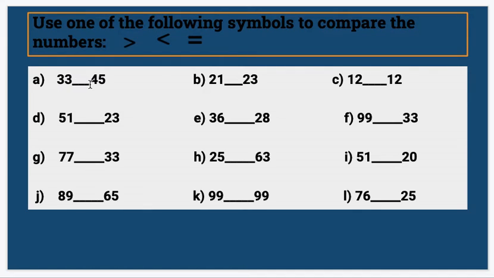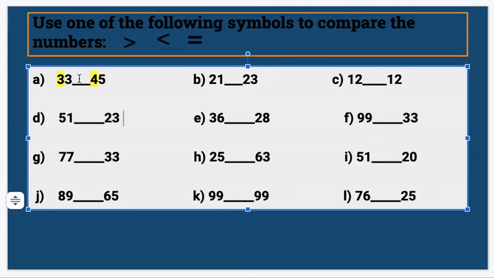Let's look at the first problem. We have 33 and 45. I'm going to look at the tens place. In 33, I have 3 tens, and in 45, I have 4 tens. So right away, when I see 3 tens and 4 tens, I know that 33 is less than 45.